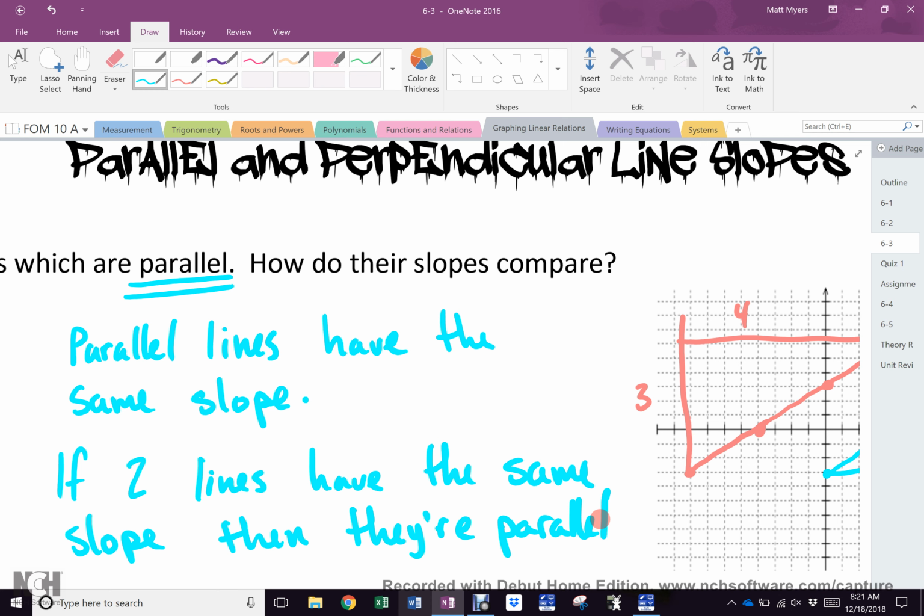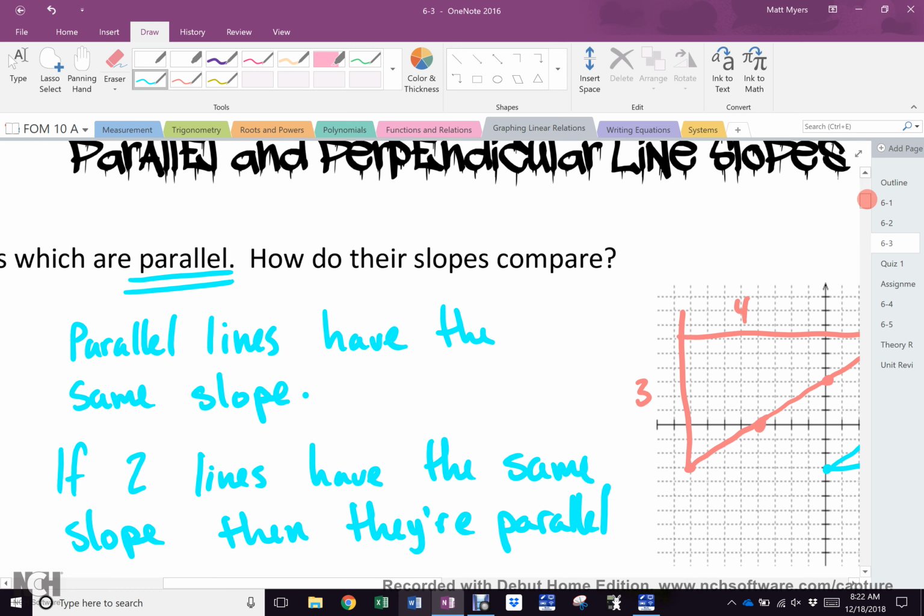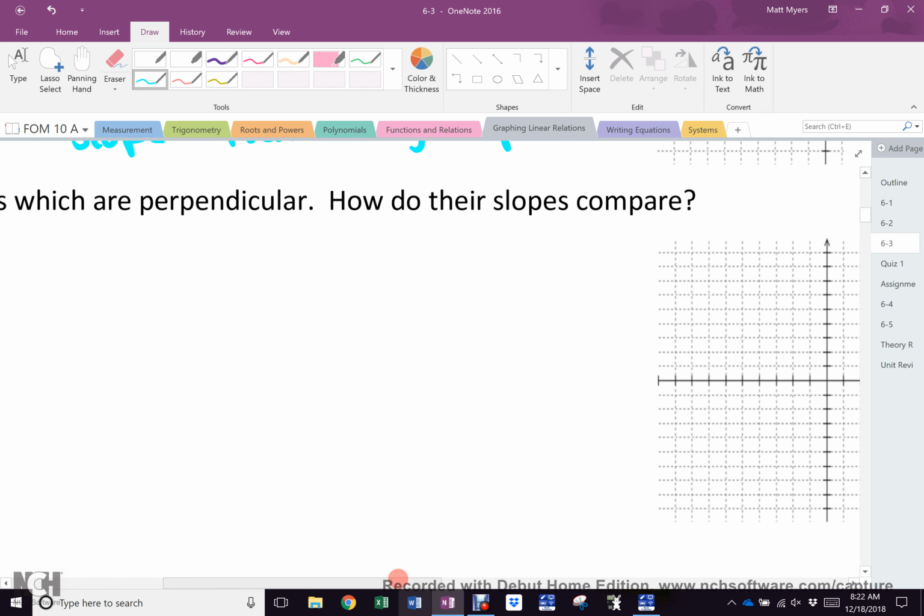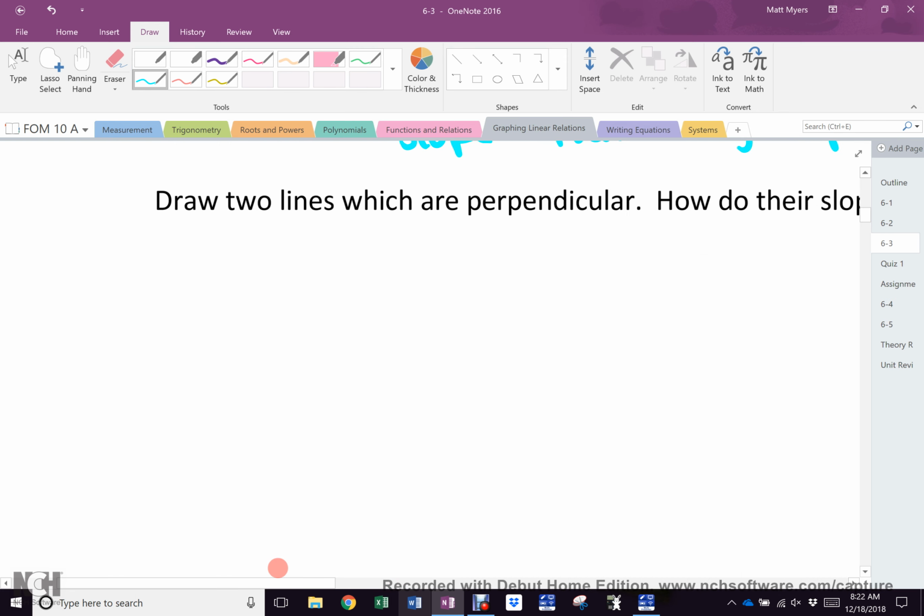Okay? All right. Now, the next one is going to take a little bit more explaining because it needs two parts. First thing, I got to talk about, what does the word perpendicular mean? Anyone? Not necessarily up and down.